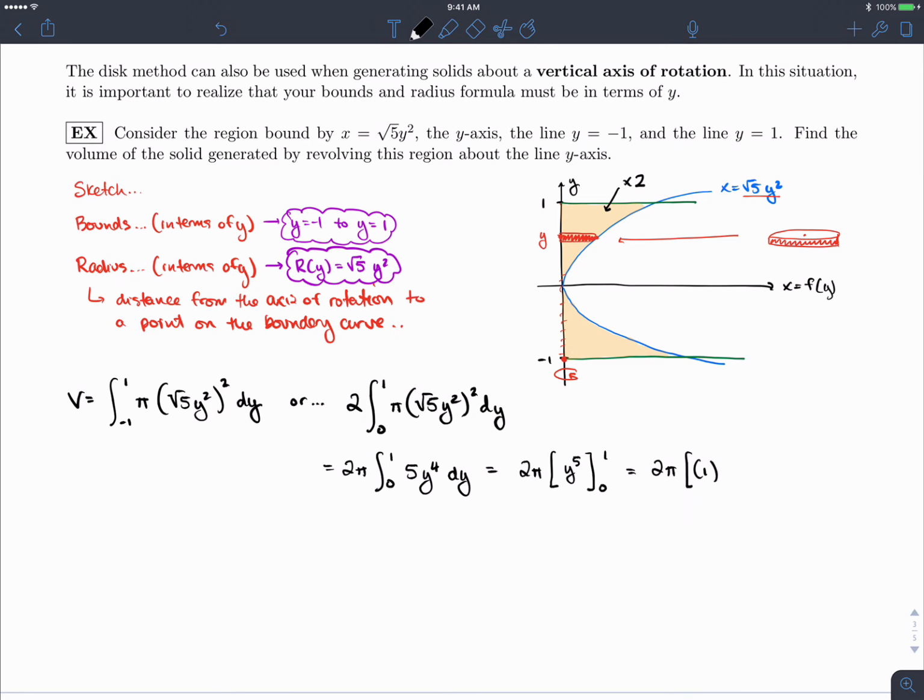We're going to have 1 to the power of 5 minus 0 to the power of 5, and we find that our answer just ends up being 2 pi times 1. And that would be the volume of that solid. Again, you would have gotten the exact same thing if you had started with the original, but this way might have been a little bit easier.